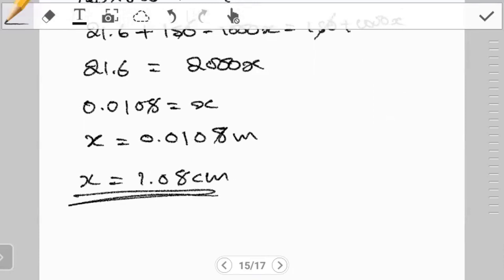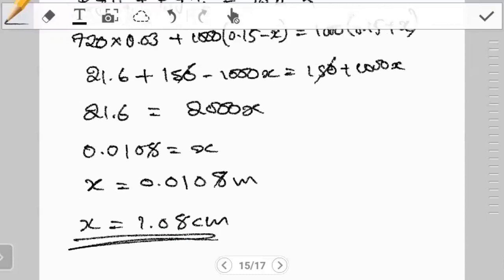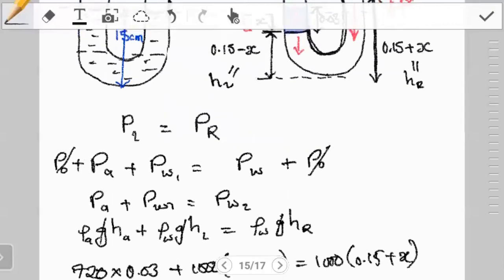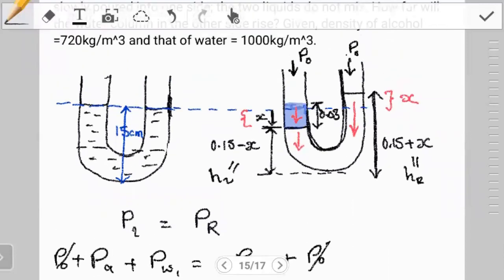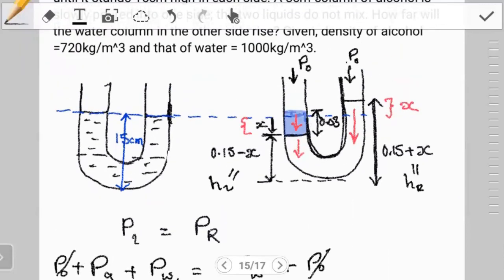So this is the height with which the water level goes up on the right hand side. And of course, it also means it's how much the water column goes down on the left hand side. But remember, this is only true if the cross-sectional area of the tube is the same on the left and also on the right hand side.